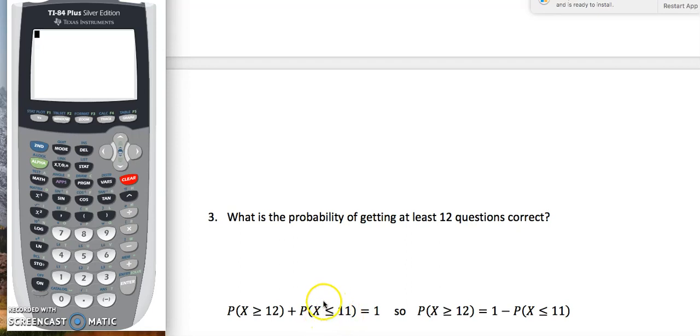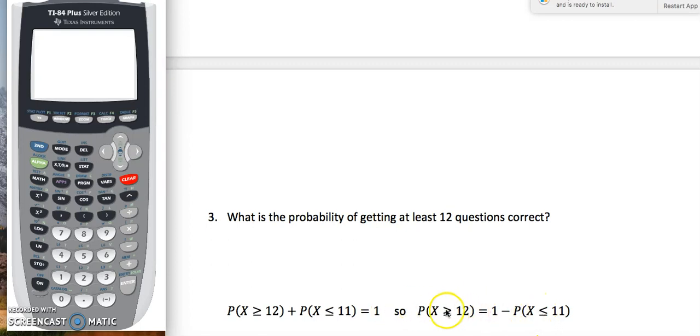So this is from 0 up to 11, and this is 12 up to 20. If we add those up, we should get 1. So if I use arithmetic and I move this over and I solve, the calculator will calculate this one for me because this is from 0 up to 11.